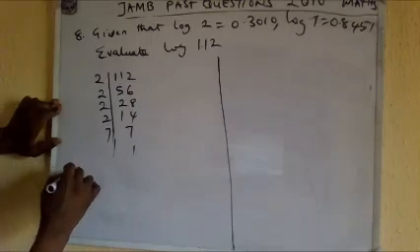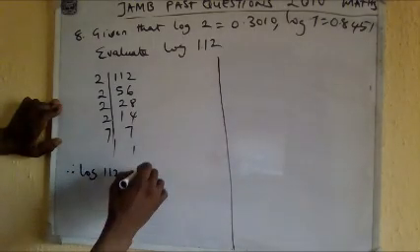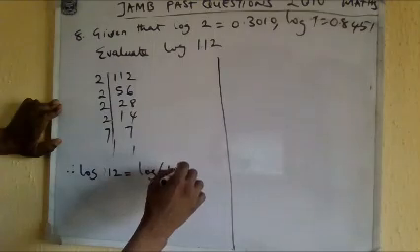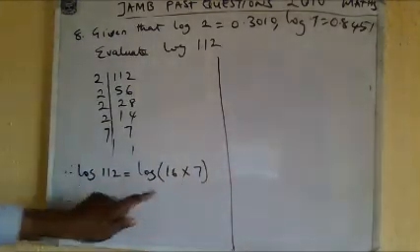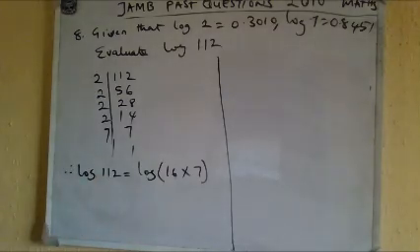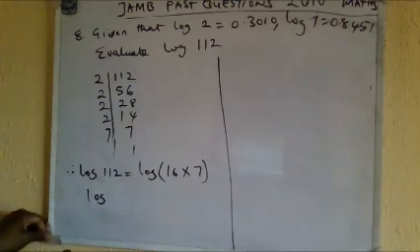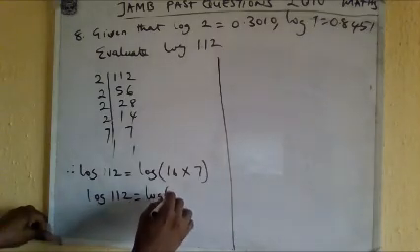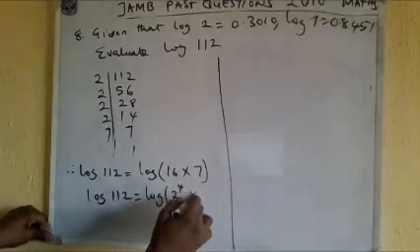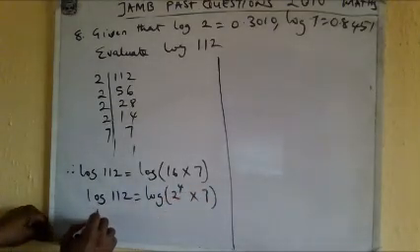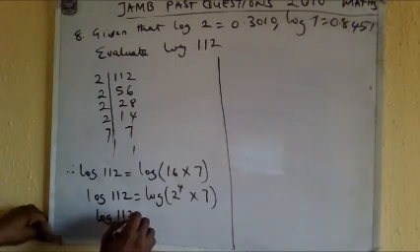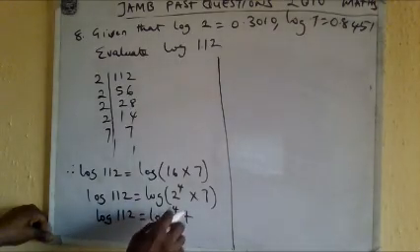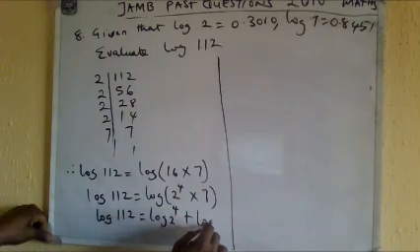So I can say, therefore, log 112 is the same thing as saying log open bracket 16 times 7. 16 times 7 can still give me 112. So log 112 is equals to log 2 raised to the power 4 times 7. So I can say log 112 is equals to log 2 raised to the power 4 plus, because of the times here becomes plus, log 7.